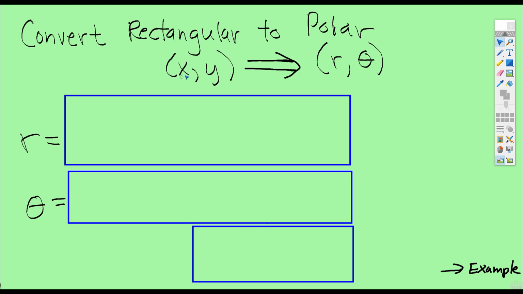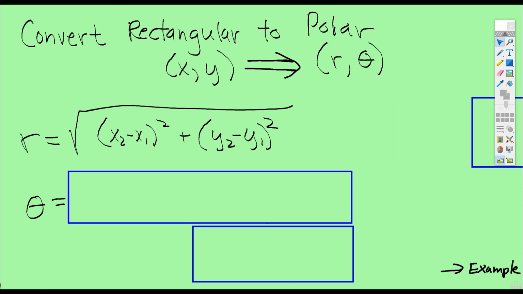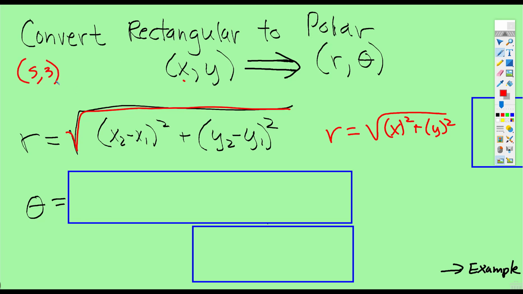So if you are given the x and the y value, how you find the radius is the square root of x squared plus y squared. If you're given 2 points, say you're given 5, 3, and 2, 1, something like that, it's the difference, right?